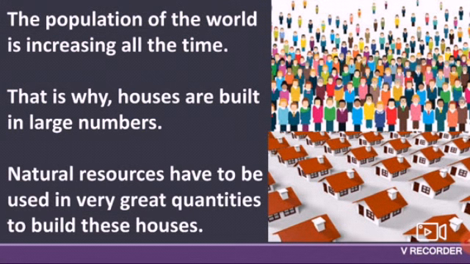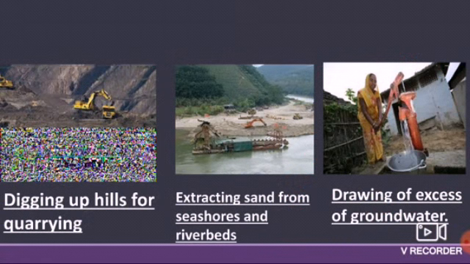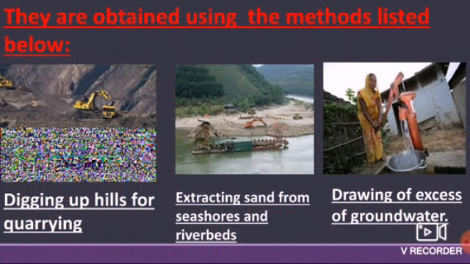Natural resources have to be used in very great quantities to build these houses. Now students, when we are building these houses, we use various natural resources like air, water, soil, etc. They are obtained using the methods listed below, such as digging up the hills for quarrying.